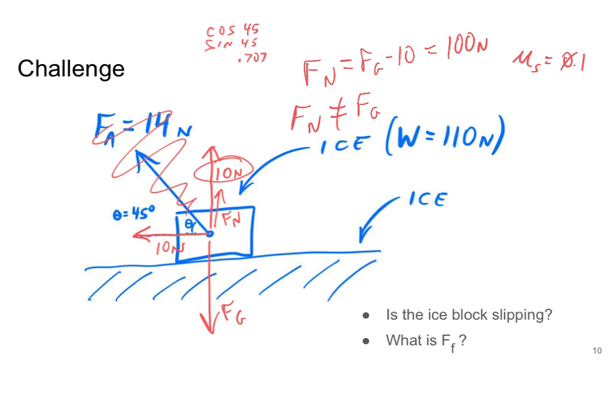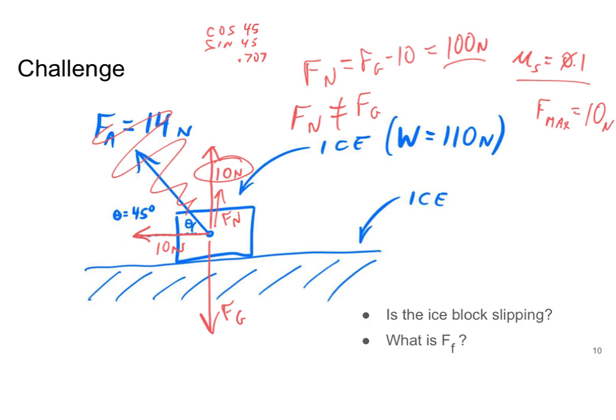Now that we know the normal force and we know the static friction coefficient, we can say the maximum possible friction we can get out of this is 10 newtons. Maximum possible we can get is 10.